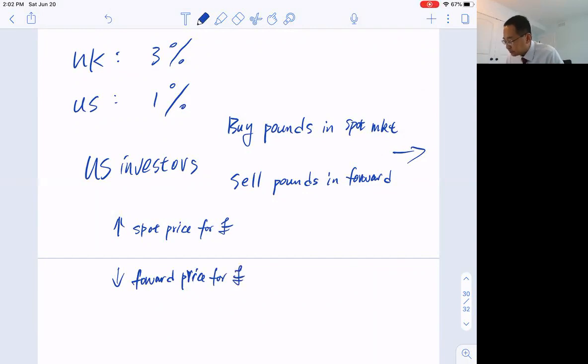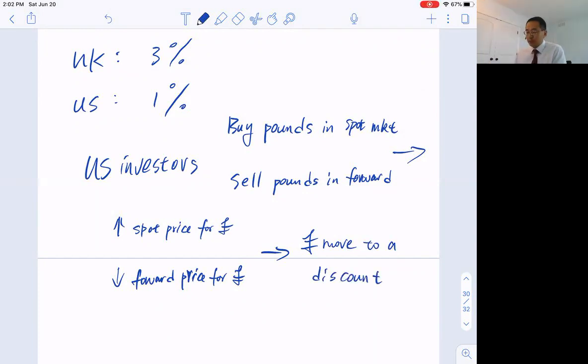And so that means the pound will move to a discount in the forward market, right? So the pound moves to a discount.